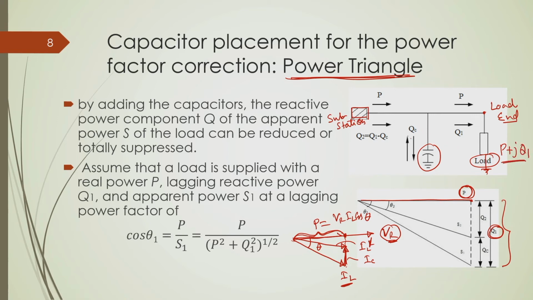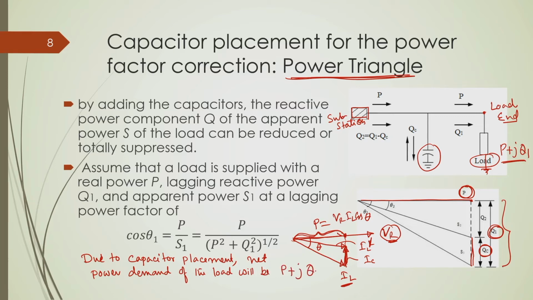Now, if you provide a capacitor which injects a current I C, that means it provides some reactive power correction by injecting a Q C here, then the net reactive power demand of the load, due to capacitor placement, will be P plus j Q 1 minus Q C. It does not mean that the actual load has changed. The load remains the same, with active power demand P and reactive power demand Q 1.